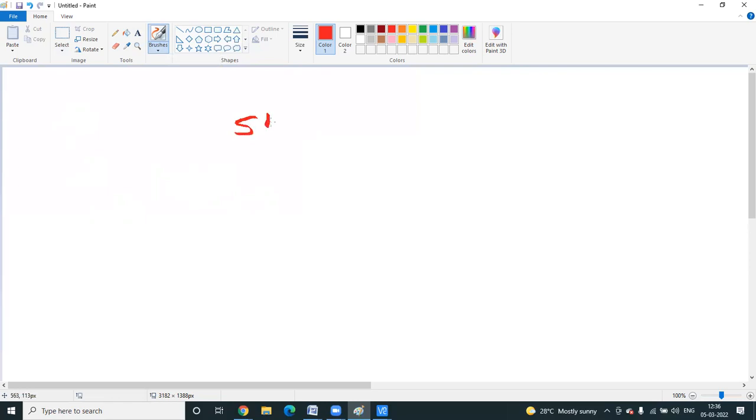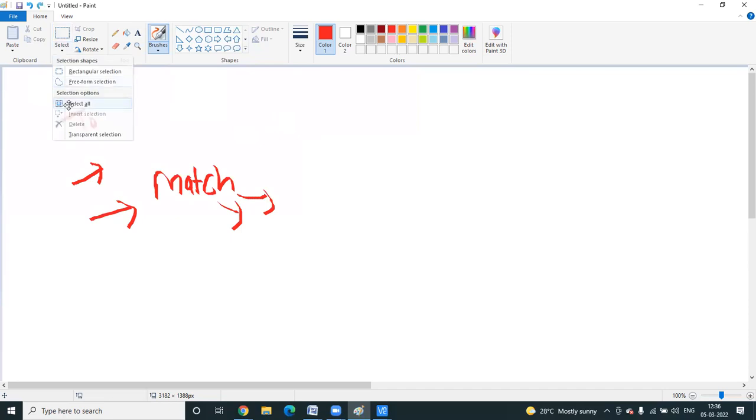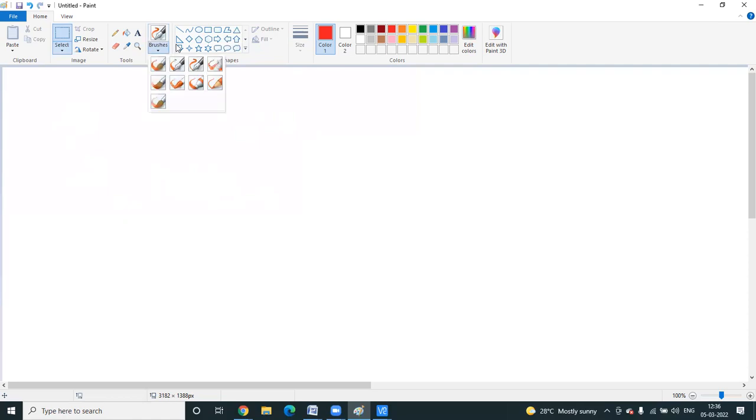Shielding. So what is this point, shielding?